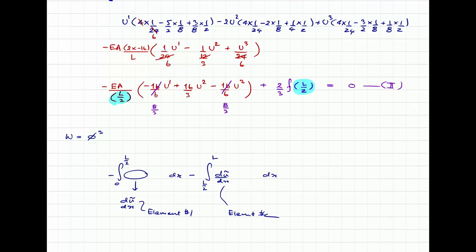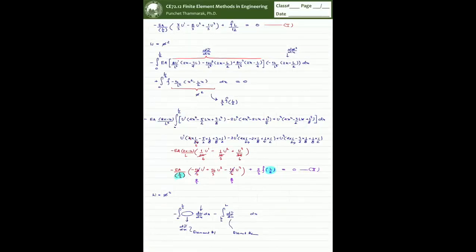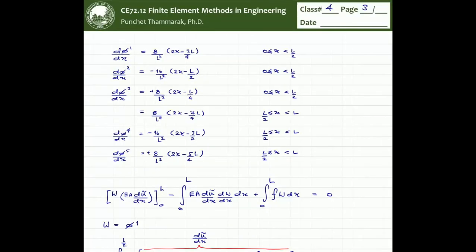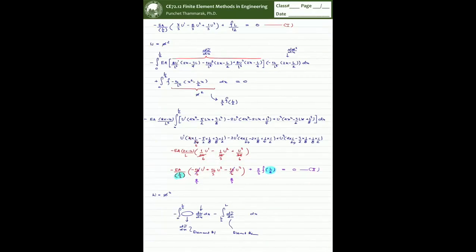Likewise, for the dw dx, you can see that your d phi dx or dw dx, this is for element number 1 and this is for element number 2. So you will put the different functions into this point.